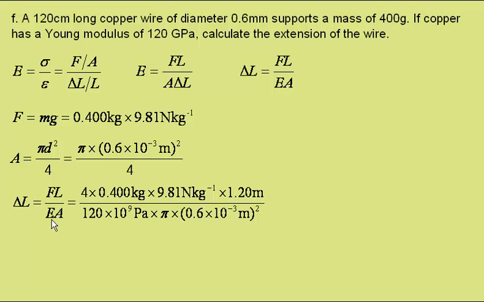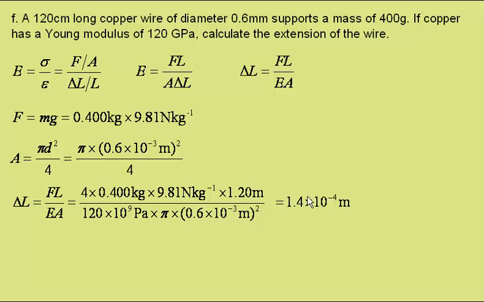The Young modulus is 120 gigapascals, or 120 times 10 to the 9 pascals, and the area given by this term, as we're dividing by a fraction, I've inverted the fraction, which gives the 4 up here, and the pi times 0.6 times 10 to the minus 3 meters, all squared, appears down here. Doing this calculation gives a change in length of 1.4 times 10 to the minus 4 meters.